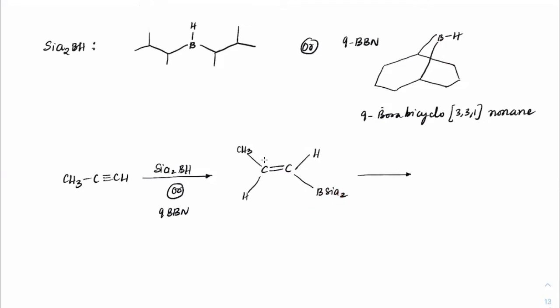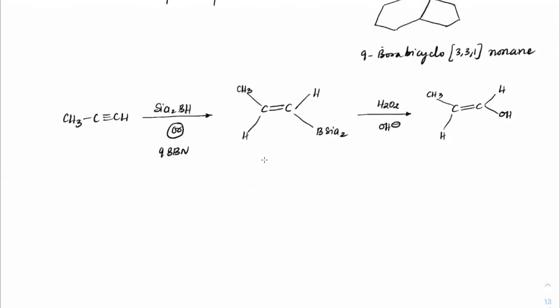On further reaction with H2O2 and OH minus, you get the enol form, with OH here, CH3, H and H. The enol so formed will undergo tautomerism to give CH3, CH2, C double bond O, H. So we get this particular aldehyde.